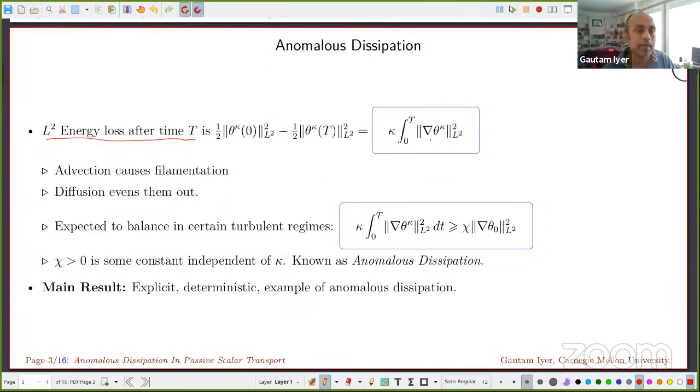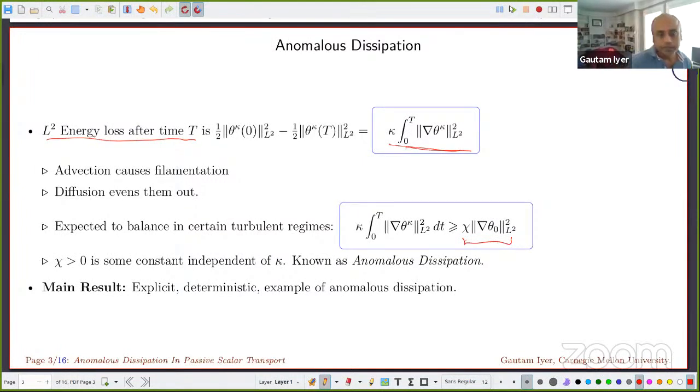If I think physically about what happens, I have the advection term, and this advection causes filamentation and mixing and high gradients. And then I have diffusion, which evens it out. So in certain turbulent regimes, this is expected to balance. And what you're supposed to see as kappa goes to 0 is that this quantity, which measures your energy loss, kappa times the integral from 0 to T of gradient theta squared, is bounded below by something that's independent of kappa.